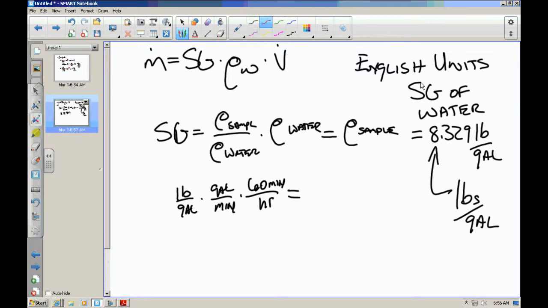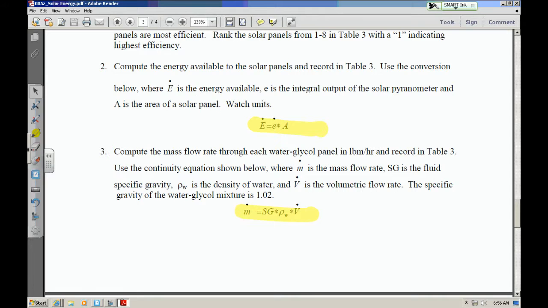The minutes cancel, gallons cancel, and we end up at pounds per hour, just what's asked for in the m dot, which is equal to pound mass per hour, because we're on Earth and it's the same gravitational force. All right, next slide.